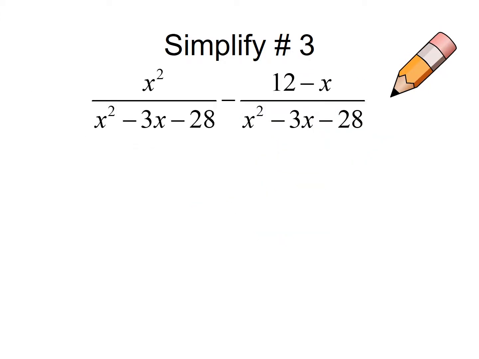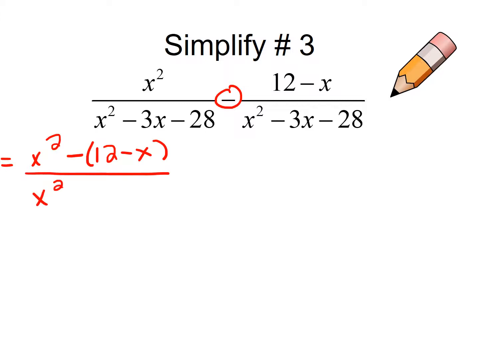Okay, number 3. So we have x squared minus, remember this is a minus, the whole expression 12 minus x, all over our common denominator of x squared minus 3x minus 28. So if we distribute this negative, we get a negative 12 and a plus x.